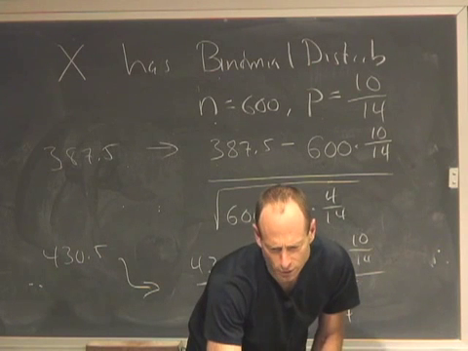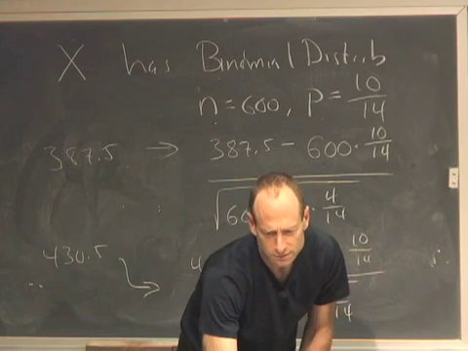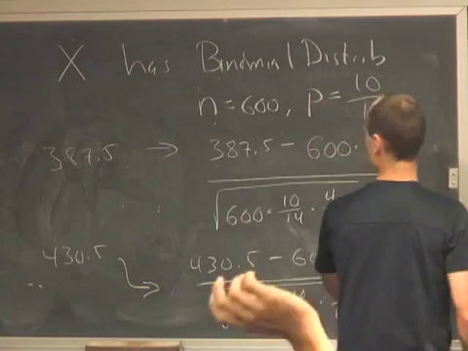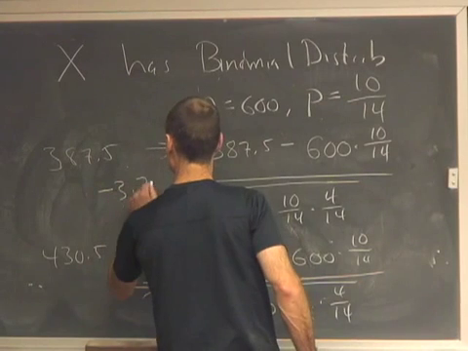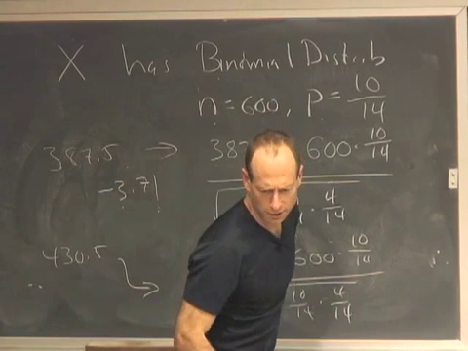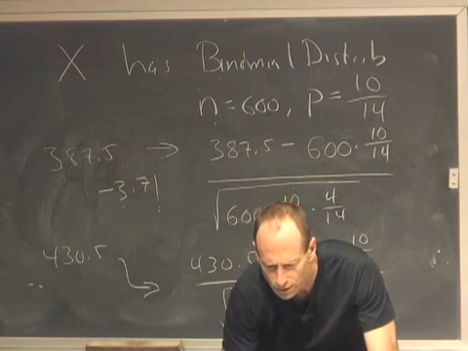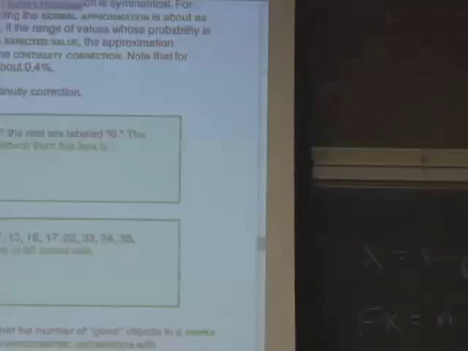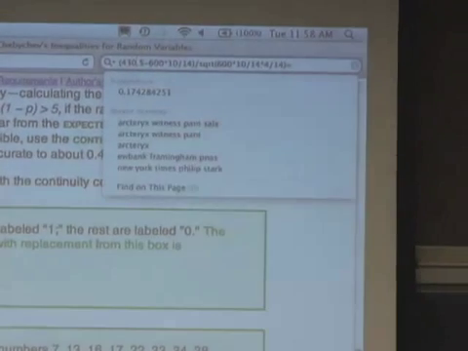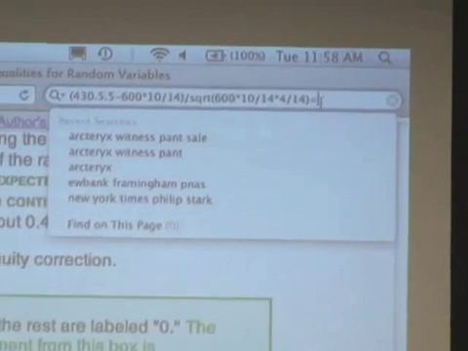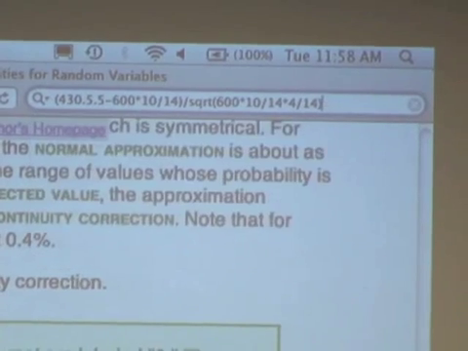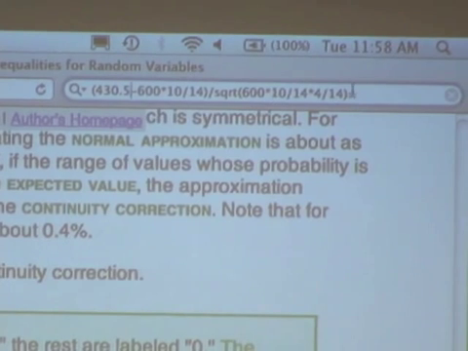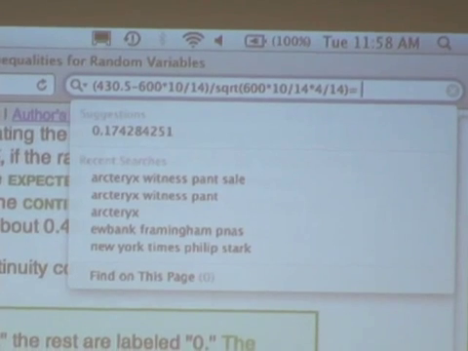Okay, minus 3.71. Is that right? Okay, and then in the other direction, this number just needs to become 430.5. Oops, got an extra 0.5. Okay, 0.174.